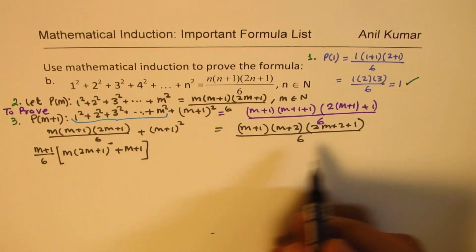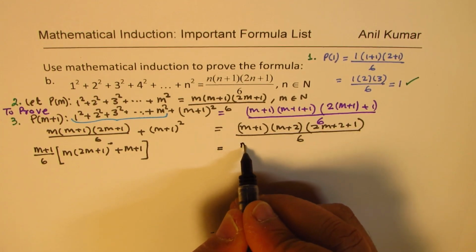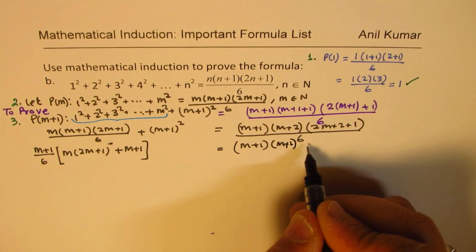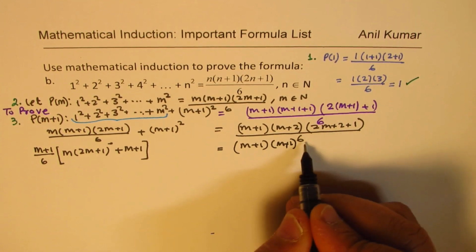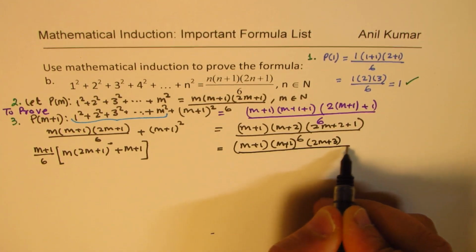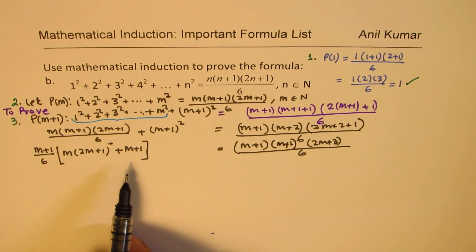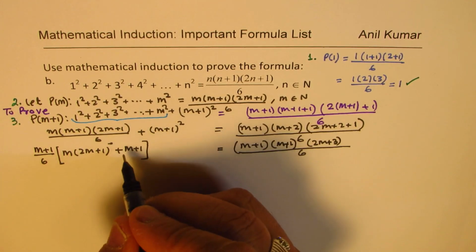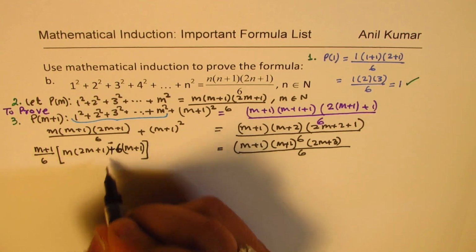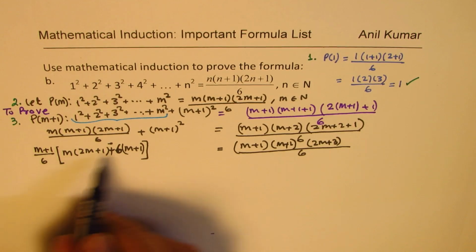And on the right side, let me go further and simplify this portion, which is m plus 1 times m plus 2 times, this is 2m plus 3, and everything divided by 6. Okay. Now, on this side, if I open this, should be multiplied by 6. I took 6 here, so I have to multiply this by 6. So let's open this up.